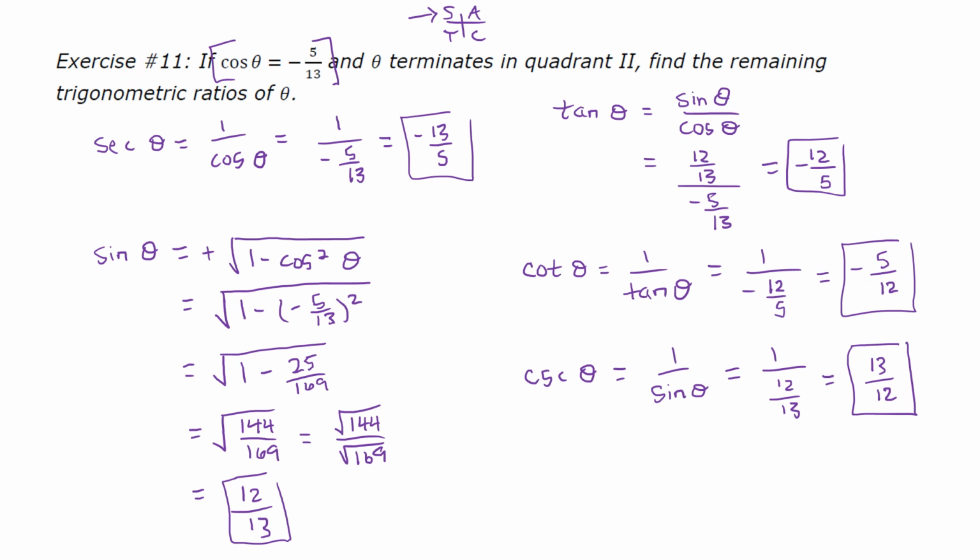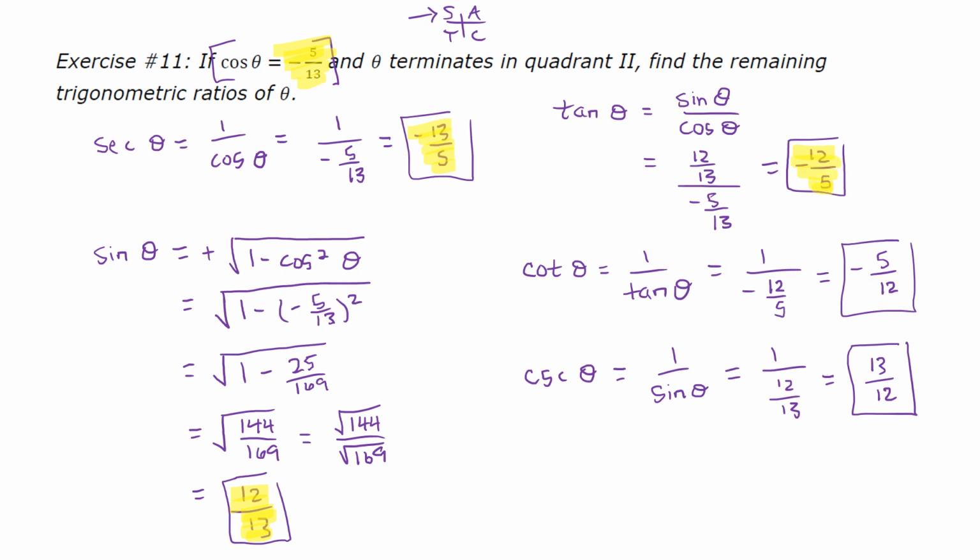All right. So we were given the cosine of theta, which was negative 5 over 13. The secant of theta, which is negative 13 over 5. The sine of theta, which is 12 over 13. The tangent of theta, which was negative 12 over 5.